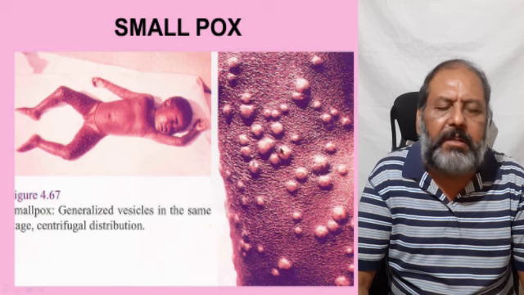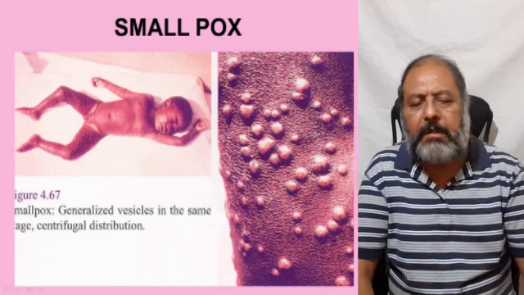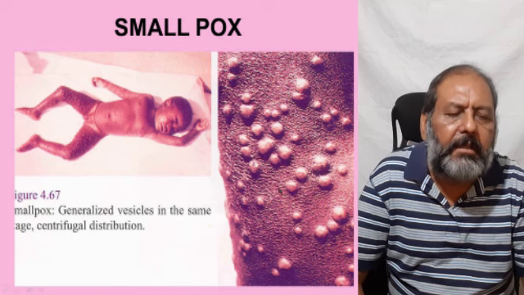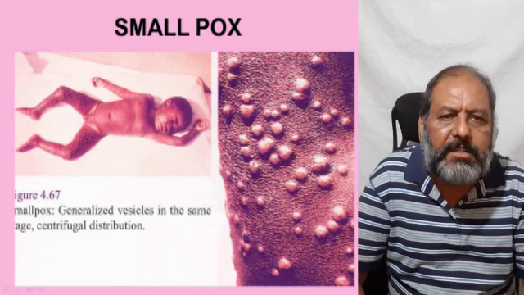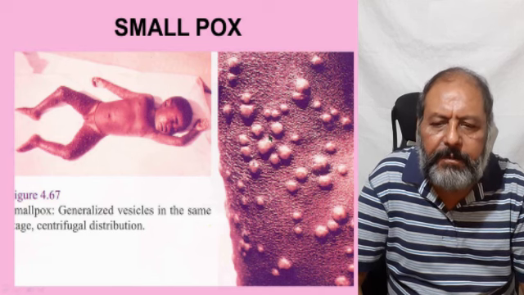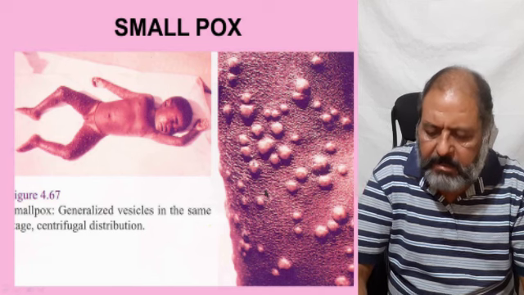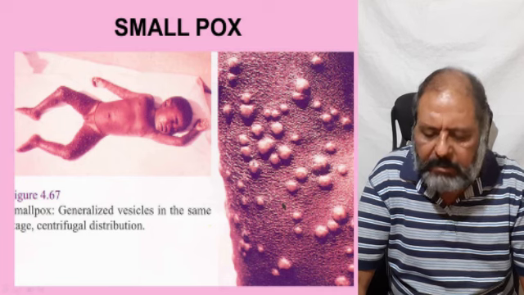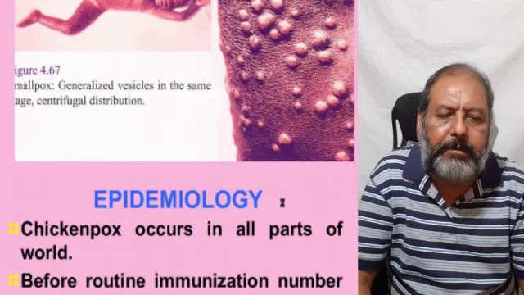They do not differ like papules and vesicles; the crops are the same lesion throughout the disease process. And when these heal, they leave a permanent scar mark causing disfigurement.